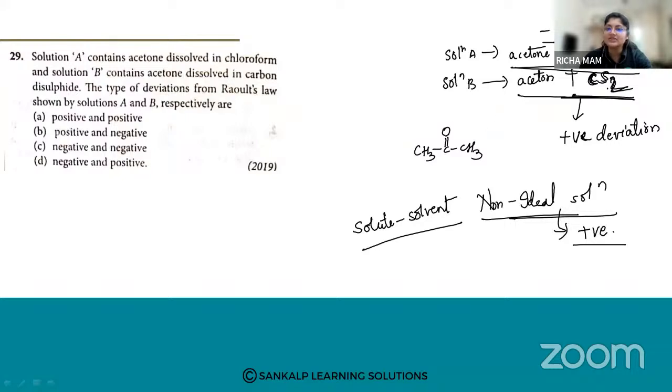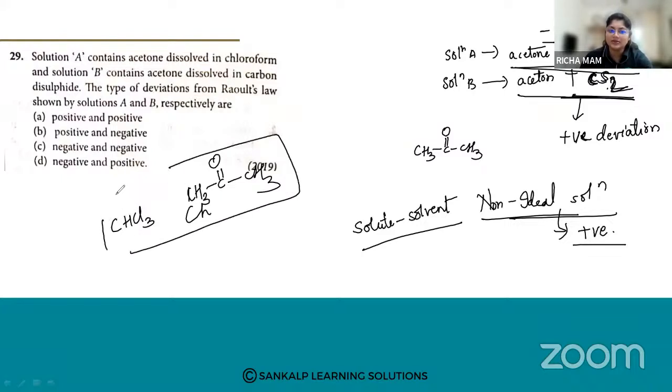So when you mix acetone and chloroform, it will show negative deviation from Raoult's law, because chloroform, CHCl3, is able to form hydrogen bonding. The interaction between the chloroform and acetone is stronger.